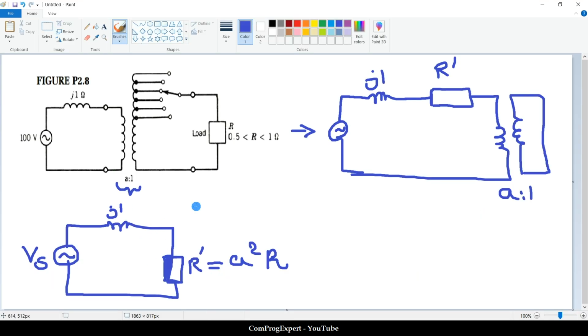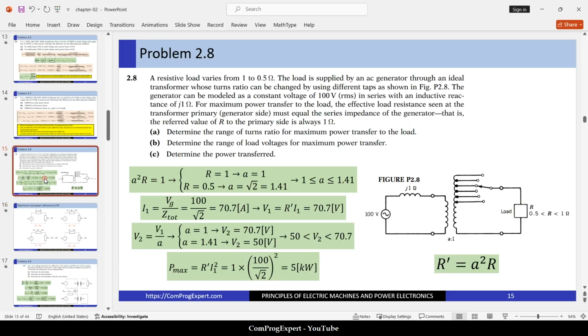So the maximum power is delivered to this load when the value of A squared times R is equal to 1. Yes, this equation. So we have this range for the resistance from 0.5 to 1. If we consider the value of the resistance equal to 1, the value of A, the turns ratio, will be equal to 1.